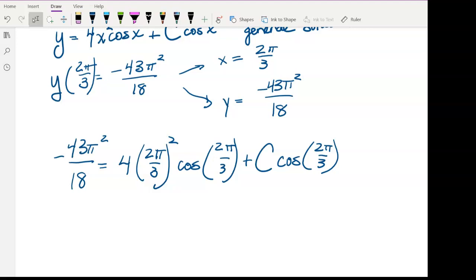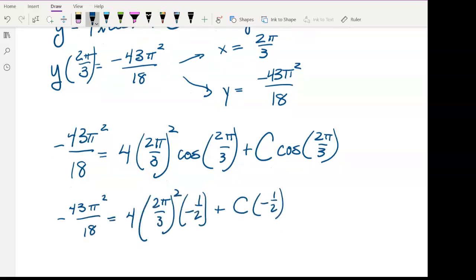You could just type that in your calculator. Just be very careful. This angle is a radian. Because there's no degree symbol, it's automatically assumed to be a radian. So your calculator needs to be in radian mode in order to correctly calculate cosine of 2 pi over 3. When I type that into my calculator, I get that cosine of 2 pi over 3 has a value of negative 1/2.